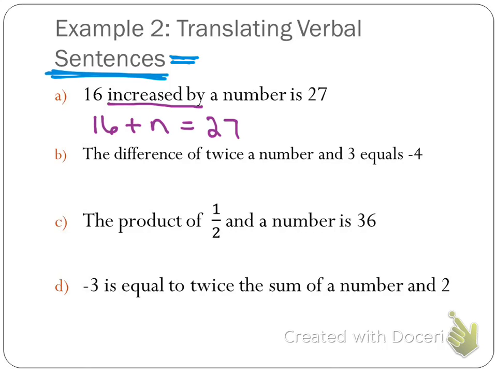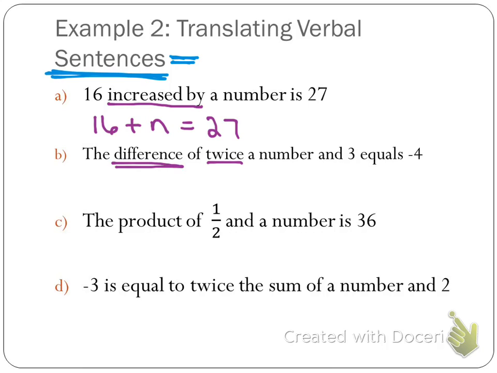Now we're actually going to solve this in some of the later sections, but in this section, all I care about is you writing the expression. Okay, that's it. So now let's look at the second one. The difference of twice a number and 3 equals -4. All right, so what are my key words? Difference and twice.